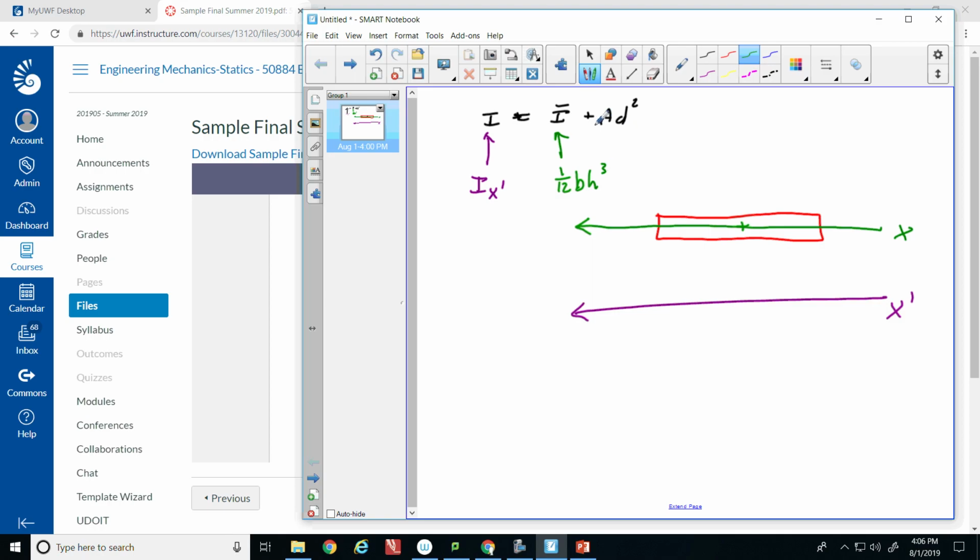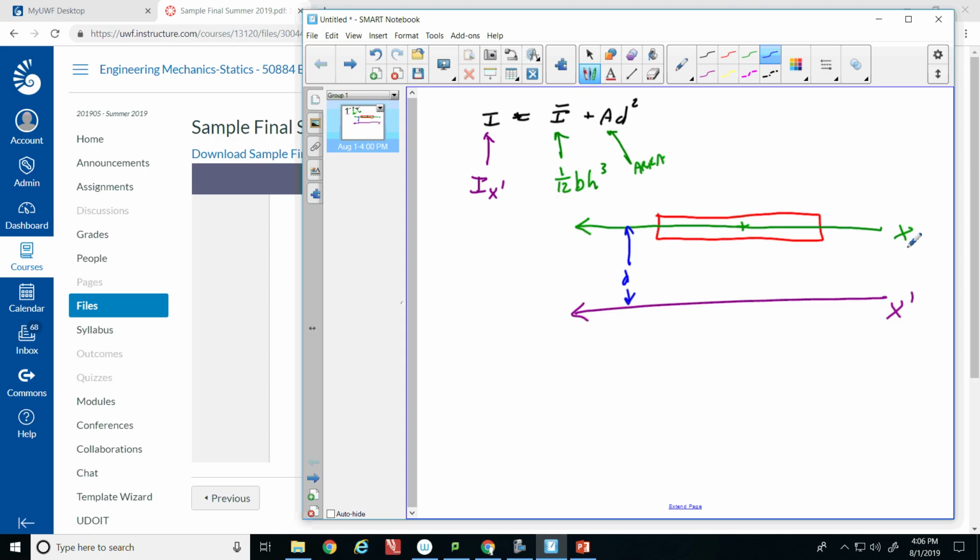Then you have to add something because you're not getting the moment of inertia about x, you're getting it about x prime, which is going to be larger. So you add in the area. We should know the area of a rectangle. And d is simply the distance between the centroidal axis in green and the axis that you care about in purple.